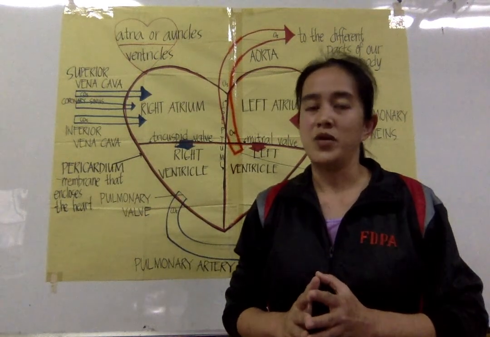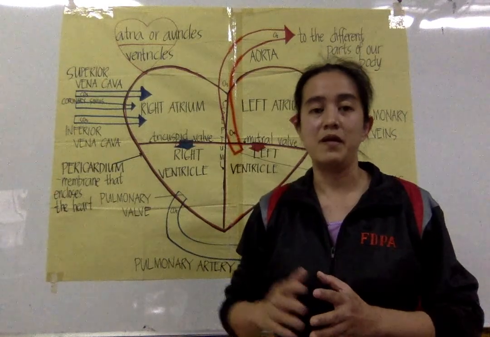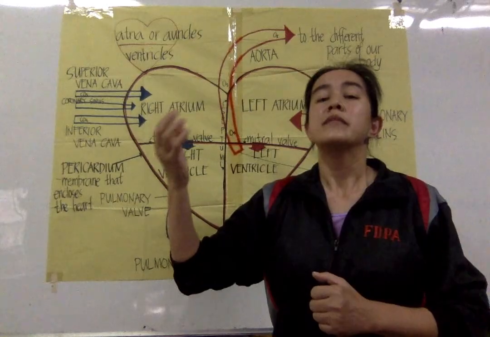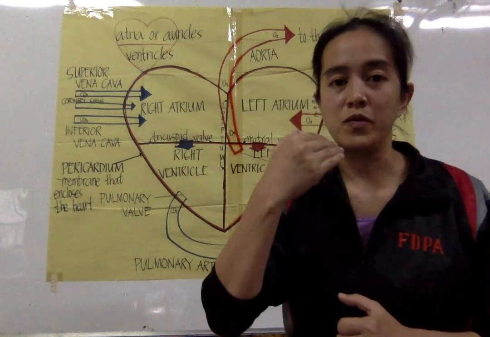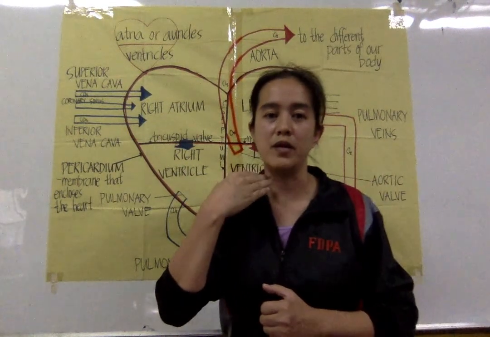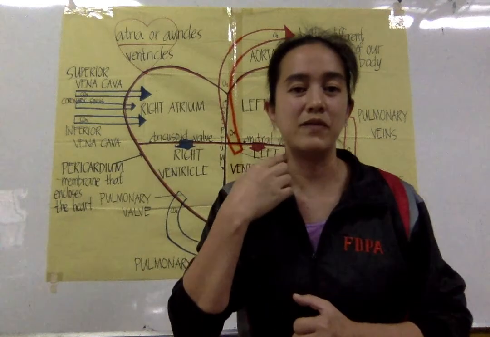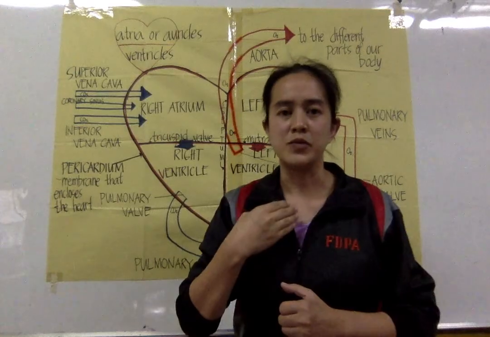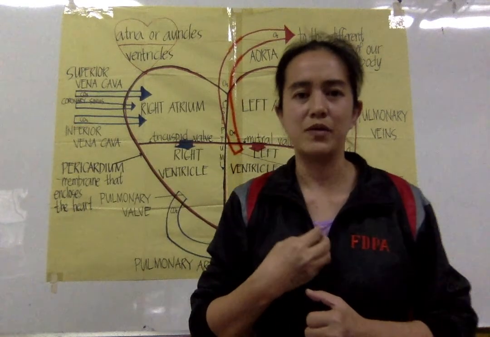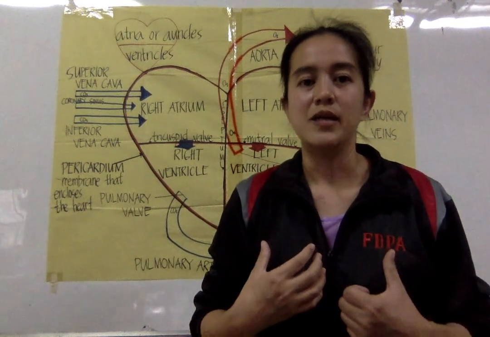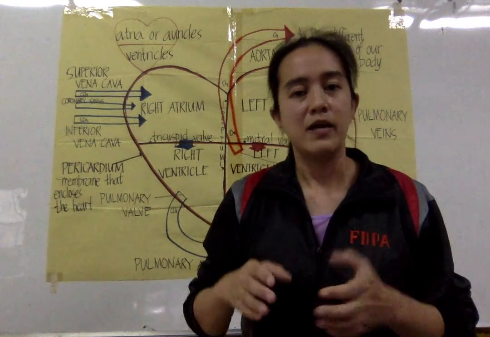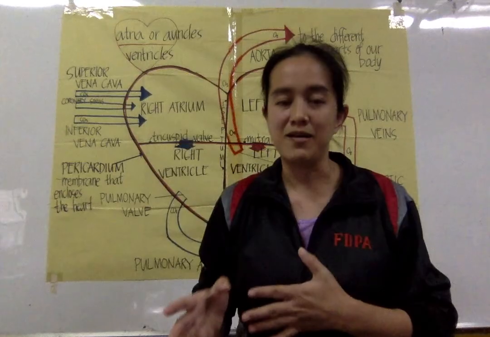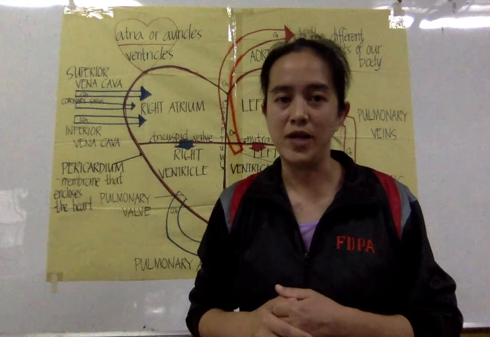So we get our oxygen from the air. Air is a mixture of different gases. So we inhale. Air passes through our nose, our mouth, going to our nasal cavity, to pharynx, to larynx, to trachea, our windpipe, going to our lungs. There are two bronchi, from the bronchi to the bronchioles, to the air sacs or alveoli.